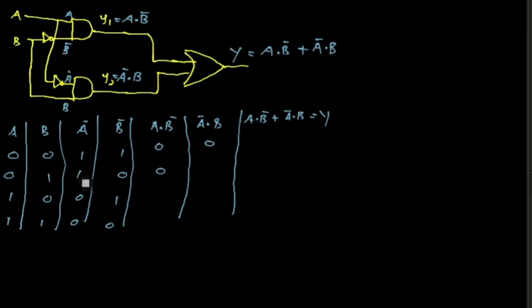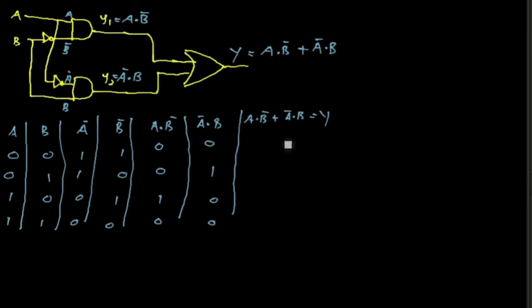Then here A complement and B is 1. Then here A and B complement, that is 1 1, that is 1. Then A complement and B, it is 0. Then here if you consider A B complement, it is 0. A complement and B is again 0.